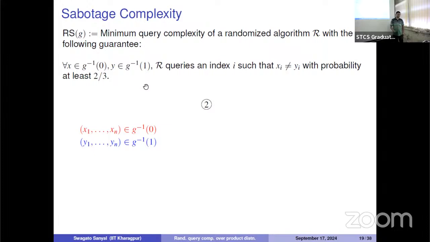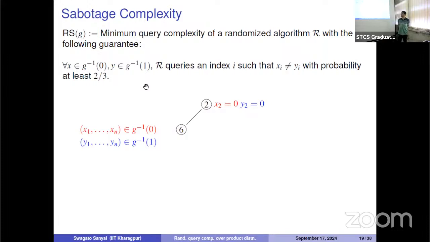So yeah, let's say you have two bit strings X and Y. X is X1 through Xn and Y is Y1 through Yn, and G(X) is 0, G(Y) is 1. And let's say you have a tree that queries the second bit of its input. And let's say for this pair, both the query outcomes are 0.